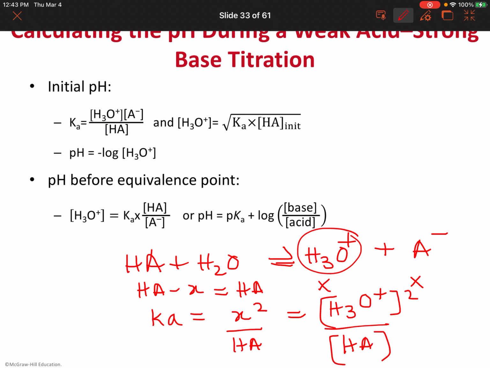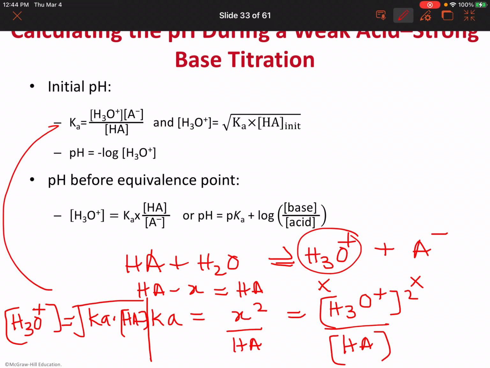And if you want to find the hydronium ion concentration, H3O plus is going to be the square root of Ka times HA initial amount.